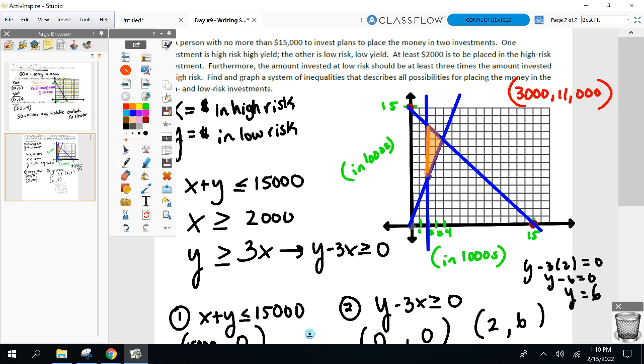You just told me yes. Which means both lines should be shaded towards 0, 0. Right there. Correct, because both of these lines should be shaded towards 0, 0.